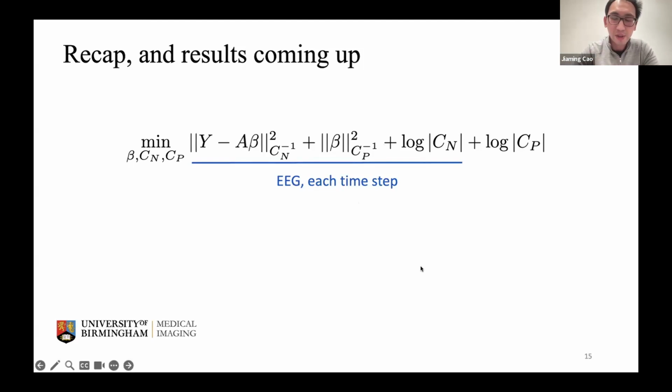So this is just a modified problem of the EEG reconstruction, and of course this is the EEG part, and the DOT prior is incorporated through the CP matrix, as we just discussed in the previous slide. After this combination, the solution to this optimization problem, the beta that optimizes this loss function, would be our desired reconstruction of DOT plus EEG, or the spatial-temporal reconstruction.